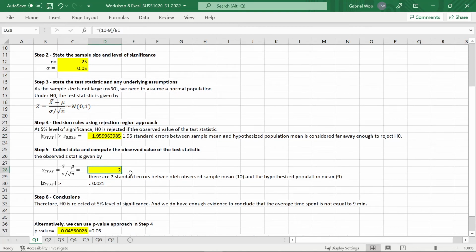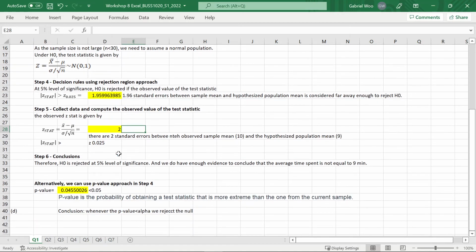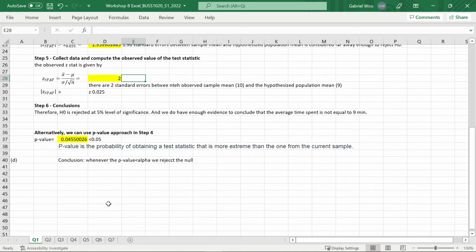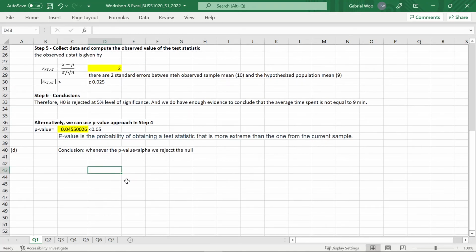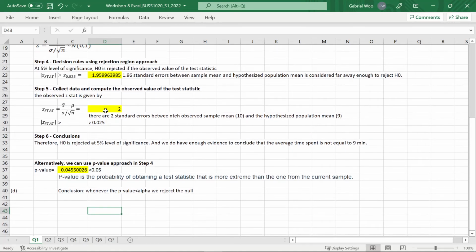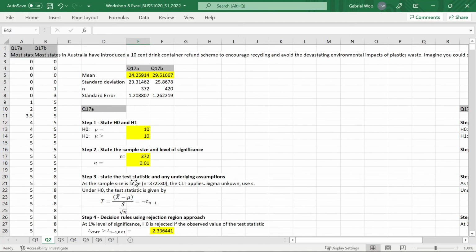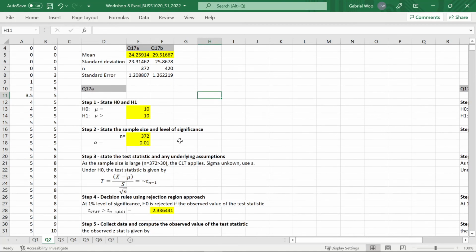Then we do the test statistic. The z-stat comes out at 2, and because 2 is more extreme than the critical value, we have to reject the null hypothesis. So this is as you can see right here. That's the first one. The second one is where we do not know the population standard deviation.